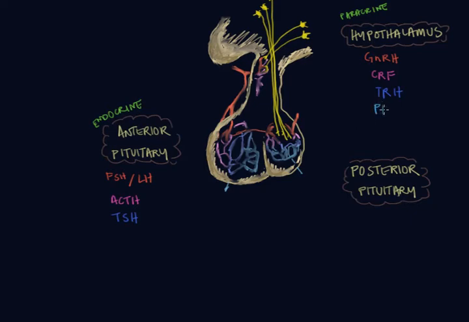Prolactin inhibitory factor is a hormone that the hypothalamus releases, and it functions a little bit differently in that it's always churning out this PIF. And when it stops churning out that PIF, when the anterior pituitary stops receiving that signal, that's when the anterior pituitary is going to release prolactin. And prolactin is a hormone that is involved in milk production in mothers.